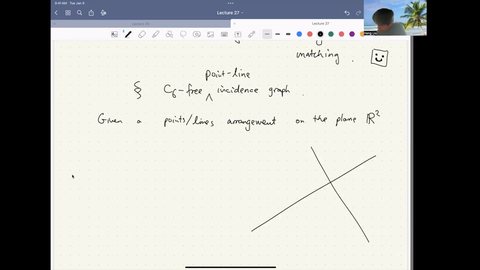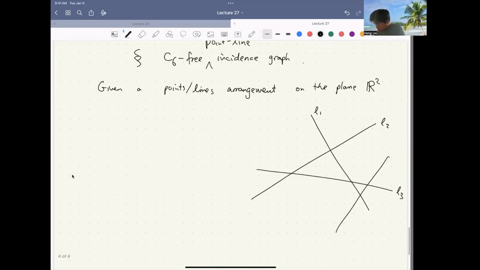So for example, you have 3 lines. Maybe let me add one more. Let's say we have 4 lines and the points are here, here, here, here, and maybe here.